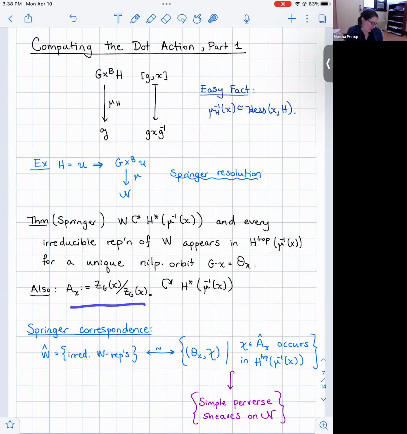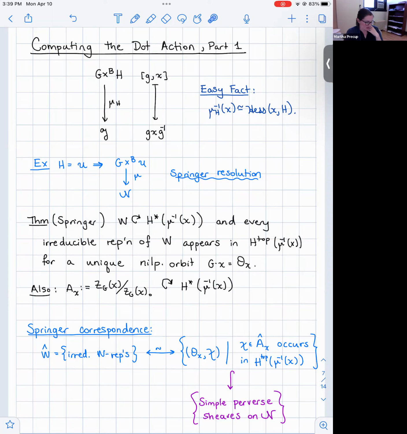And this action of the component group commutes with the action of the Weyl group. So the piece on which this irreducible W representation occurs will also pull out one of these characters chi of our component group. So classically, this is the big picture here. This Springer correspondence is a nice way to keep track of things.